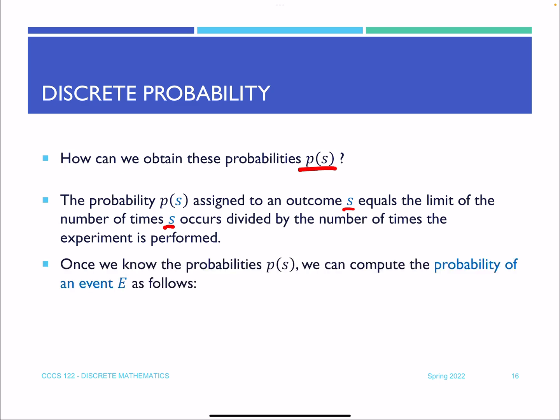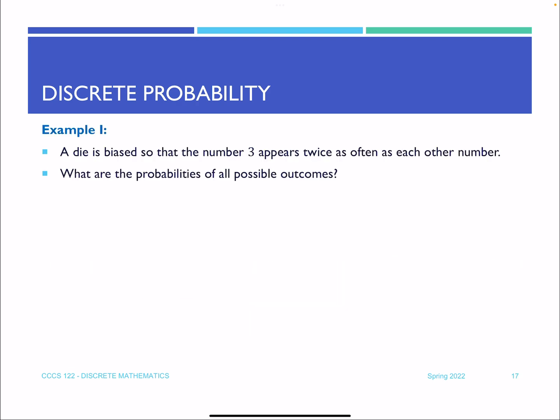Once we know all the probabilities P of S, we can compute the probability of an event: you know which outcomes are in an event, just add up the probabilities of those outcomes, and that gives you the probability of said event.